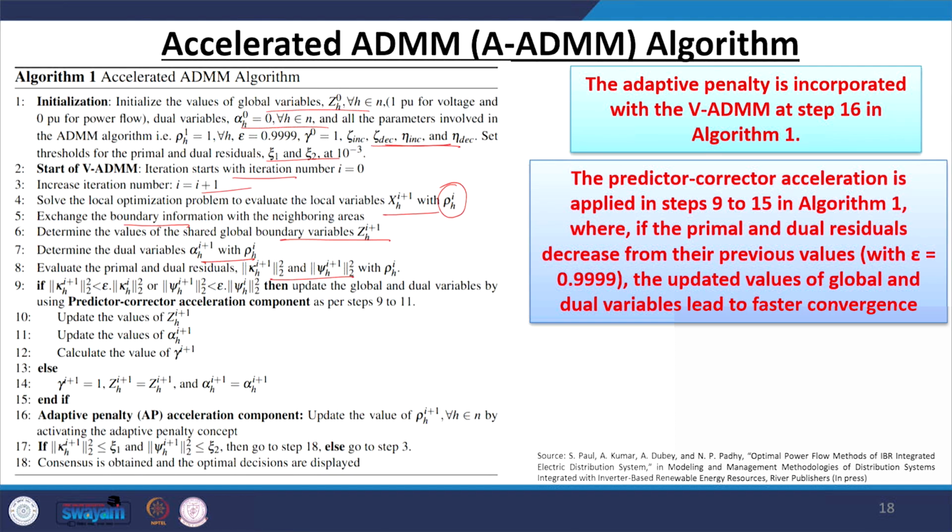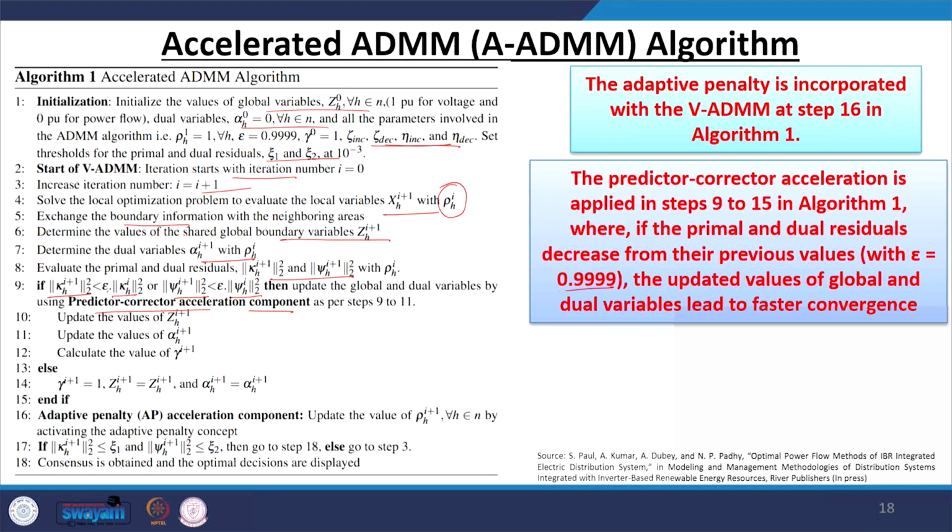Now your predictor-corrector acceleration component will be activated if this time the primal and dual residual values are lesser than the last iteration values, a little bit lesser, and we keep this epsilon value close to 0.9999. That means it is a little bit lesser, but it has to be lesser.